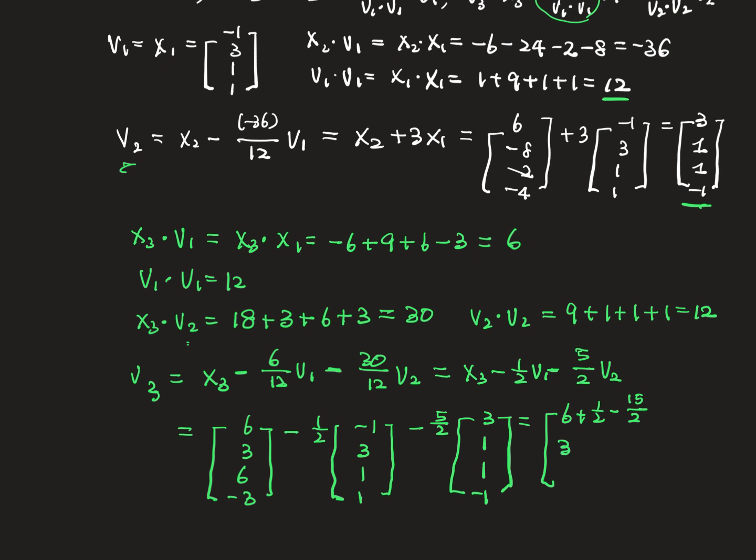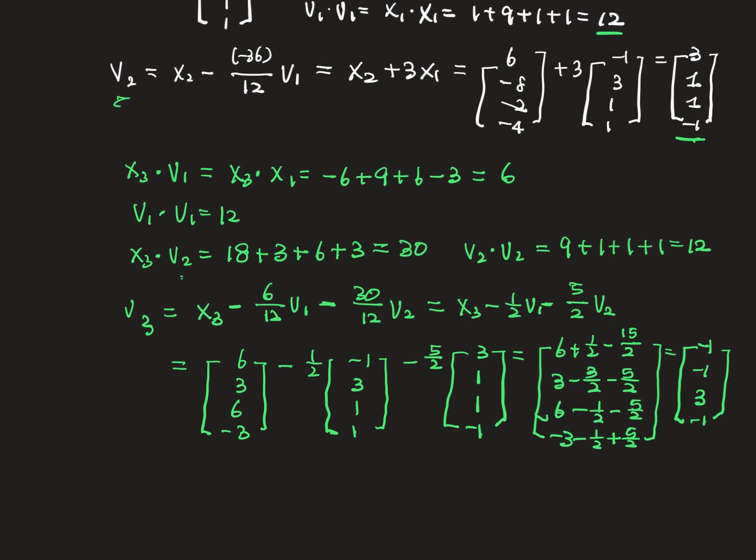Next is 3 minus 4.5 minus 5 over 2. Then 6 minus 1.5 minus 5 over 2. The last one is -3 minus 1.5 plus 5 over 2. After you simplify, you have (-1, -1, 3, -1).